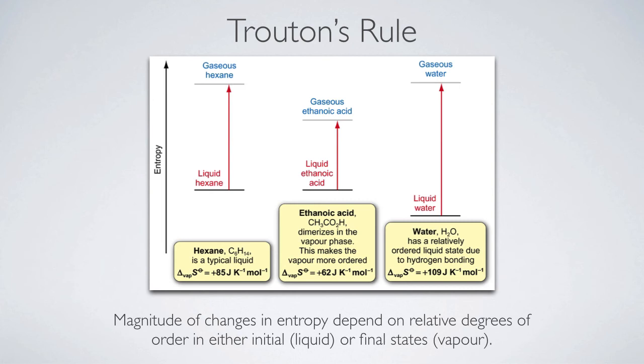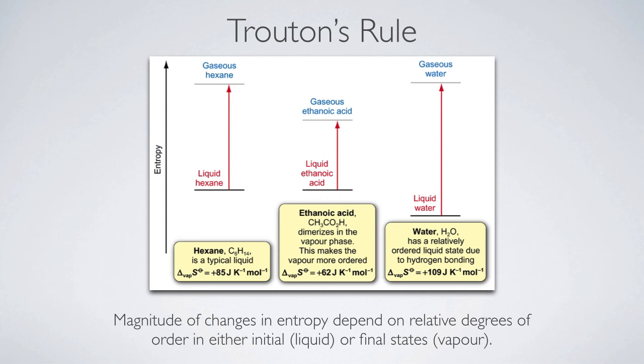Those two carboxylic acid groups will hydrogen bond with each other, and so it's more ordered in the gas phase than we would perhaps first think. So overall, my entropy of vaporization is less than I would perhaps first think. For my water, we all know that water has a very, very ordered liquid phase, far more ordered than we would expect, and that means that there is a much greater entropy of vaporization to go from my liquid to my gaseous state.